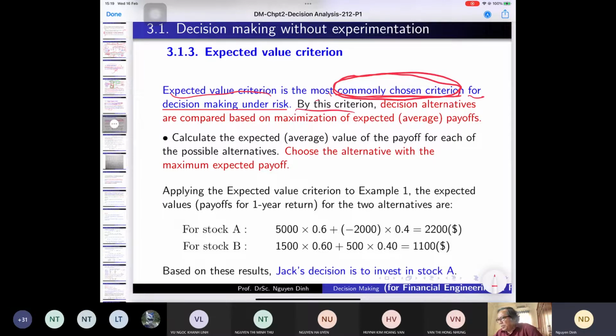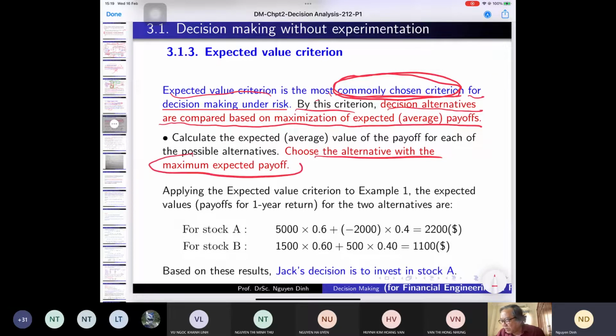By this criterion, decision alternatives are compared based on the maximization of expected payout. We calculate the expectation of all the alternatives, stock A, stock B, and then whichever has the higher expectation, you choose.